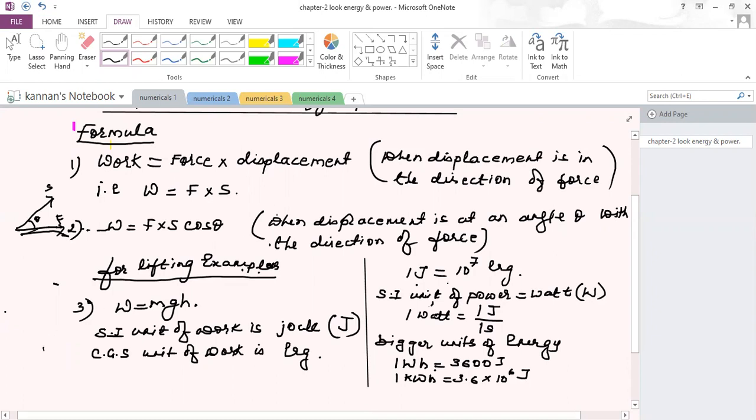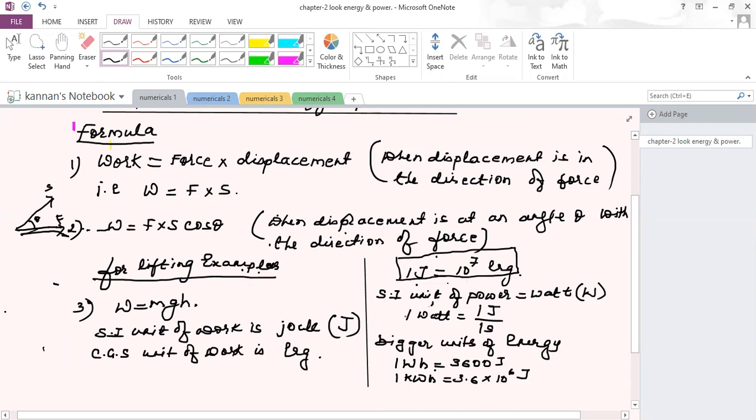The relation between 1 joule and 1 erg is: 1 joule is equal to 10 to the power 7 ergs.